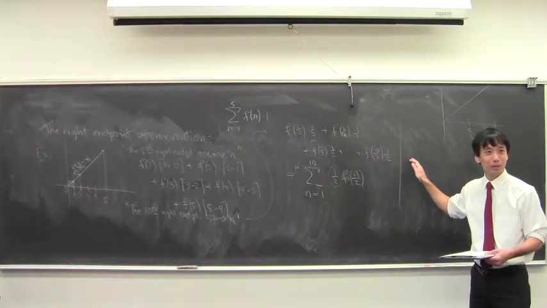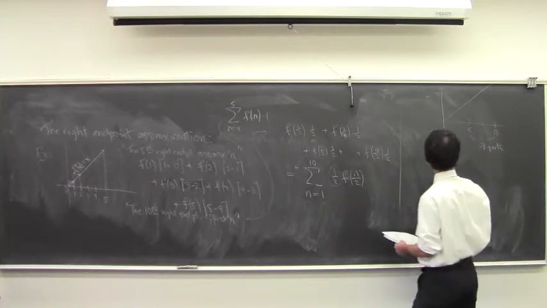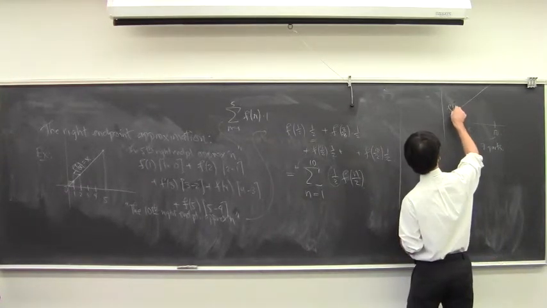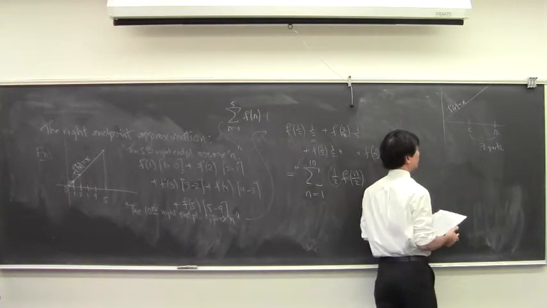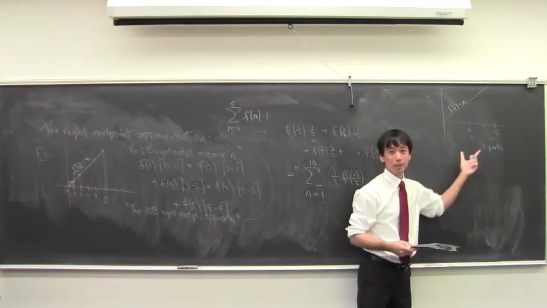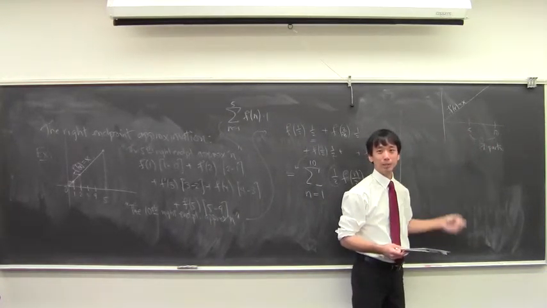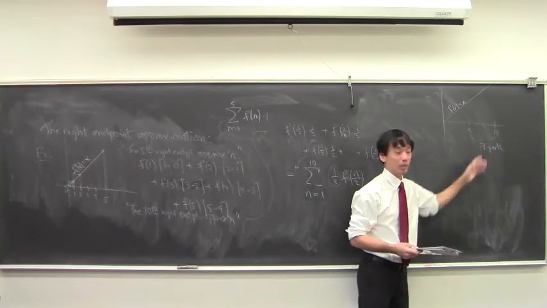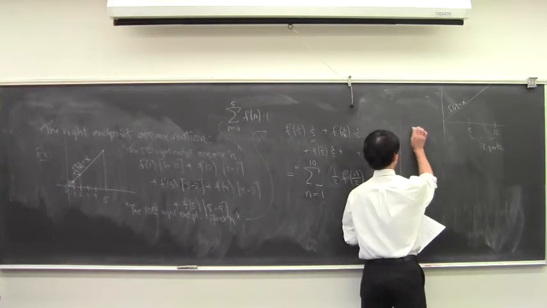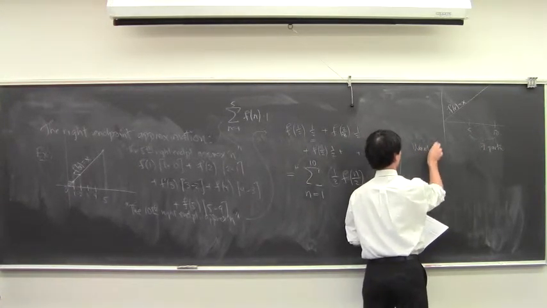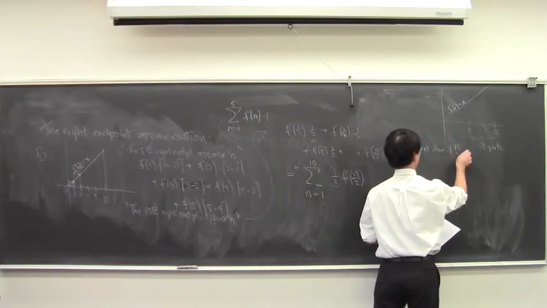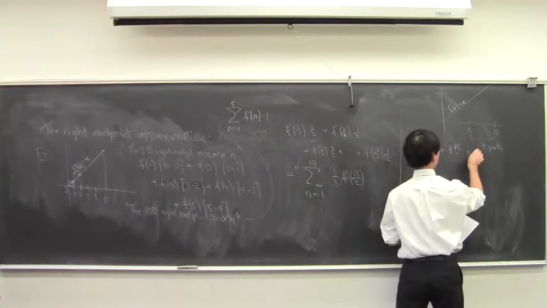Everybody take 1 or 2 minutes and see if you can write down the sum for this. Again, f of x is equal to x. But now we're going from 5 to 10, not from 0 to 5, and we're dividing it into seven parts. So I want the seventh right endpoint approximation.